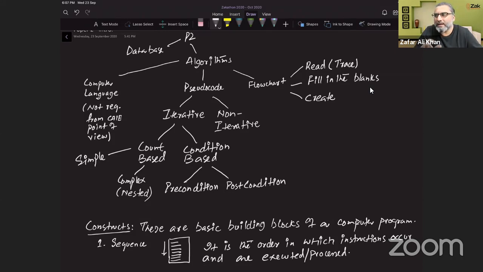So it is always a good idea to go with the pseudocode, because a flowchart requires a lot of space, and usually we don't have as much space in the exam paper, in the answer sheet, to create a flowchart. And flowcharts, when we do them, become untidy. We have to do a lot of erasing and rewriting. So it is always a good idea, if you are given a choice, to go with the pseudocode.